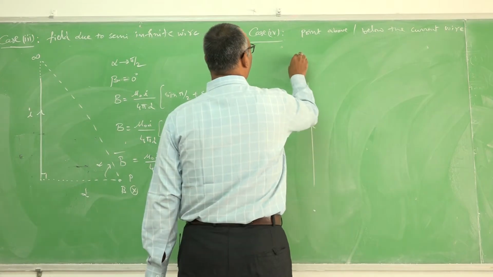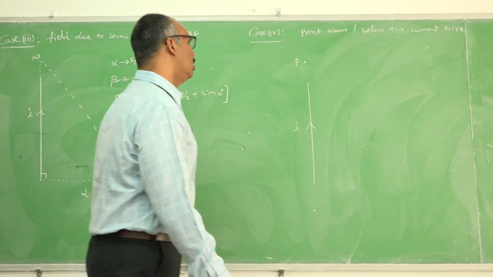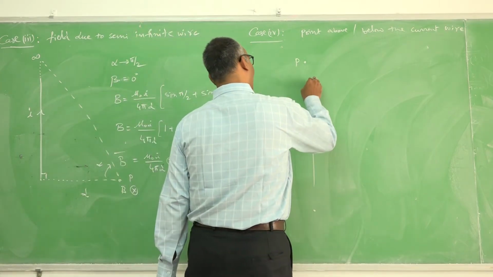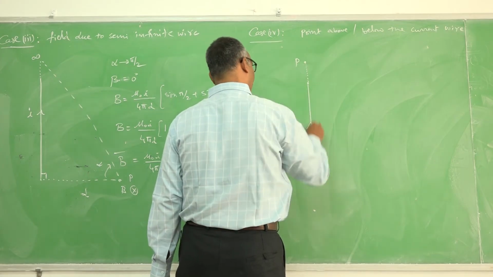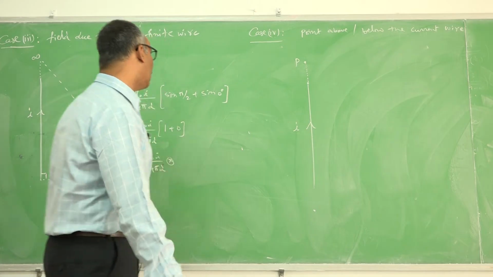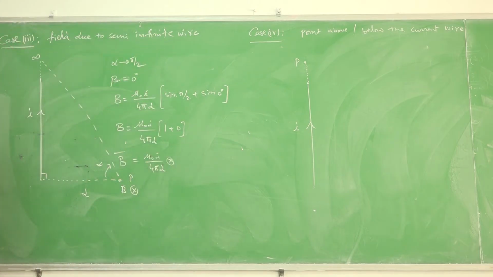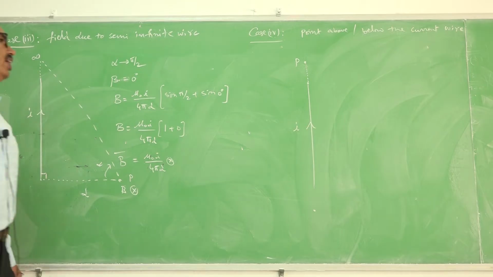If the point P is lying here, so if you want to join the ends, this end can be joined like this, and this end can be joined like this. In this case, what is the value of alpha and beta? Alpha is 0, beta is also 0. Why alpha is 0?